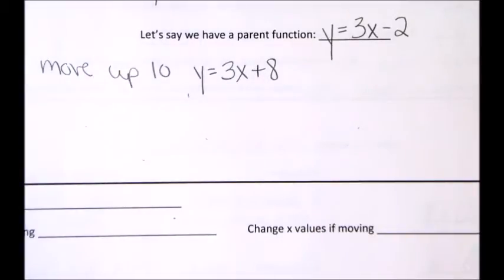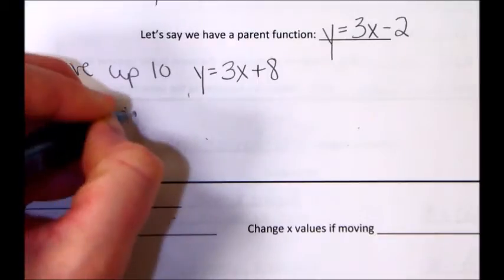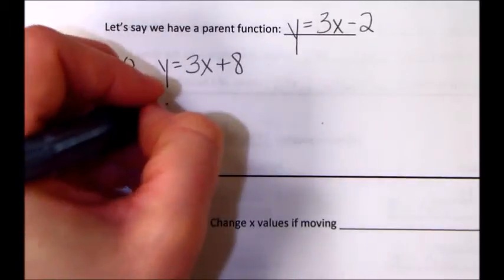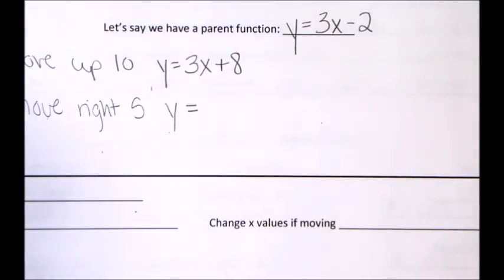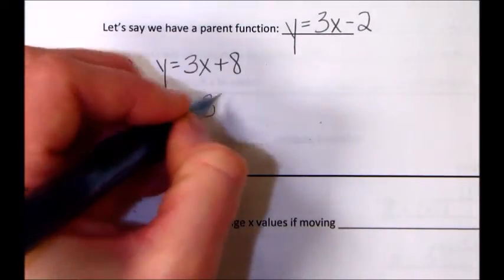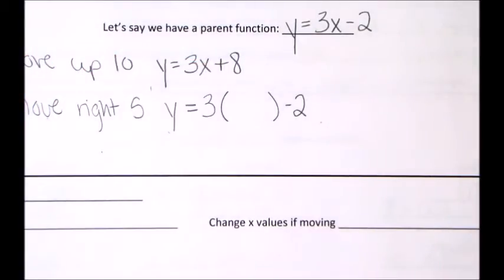We haven't moved it left or right now, so let's do that. Let's move it to the right 5 units. So we have our original, y equals 3x minus 2. I'm keeping the 3, I'm keeping the minus 2.